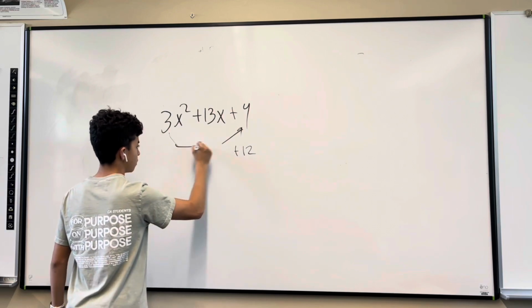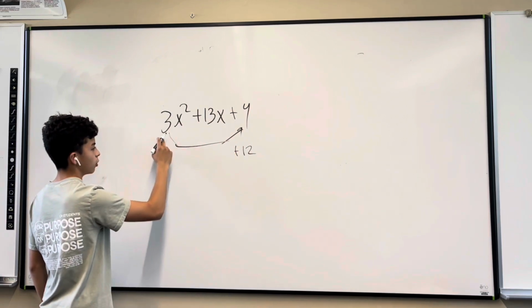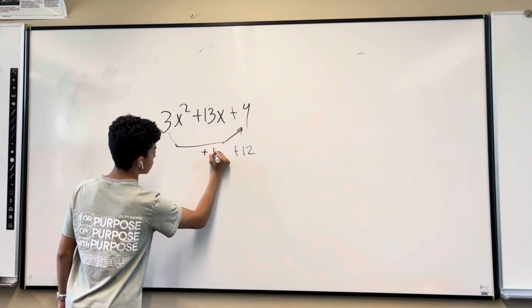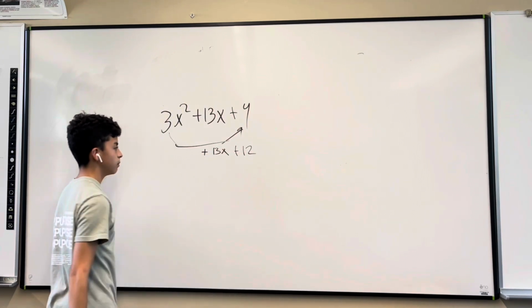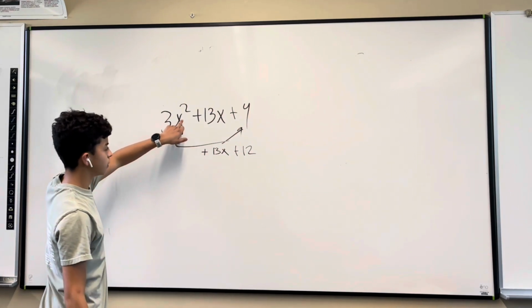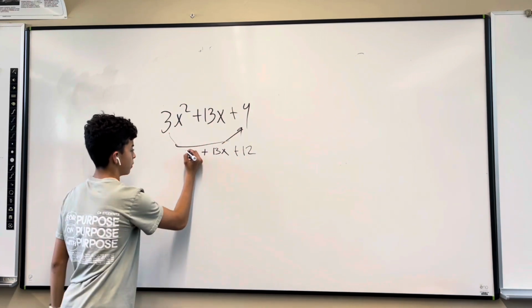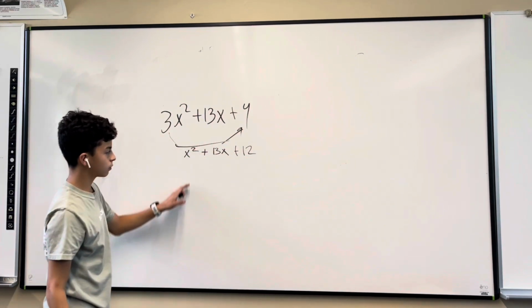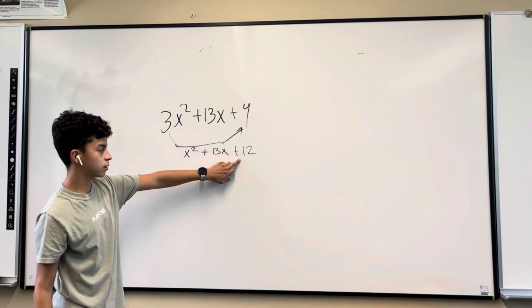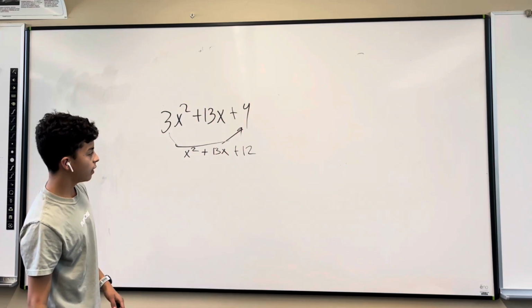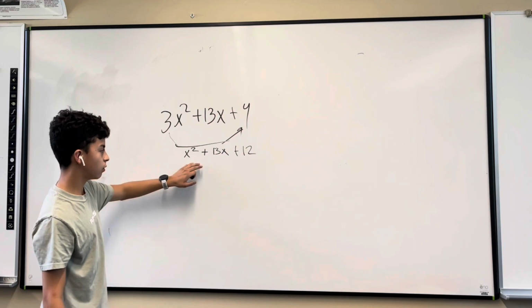So a times c. Then, you're going to put regular what it was, 13x. Then, we're going to put the a. Since you multiplied it out, don't write the number. Just write x squared. So x squared plus 13x plus 12.